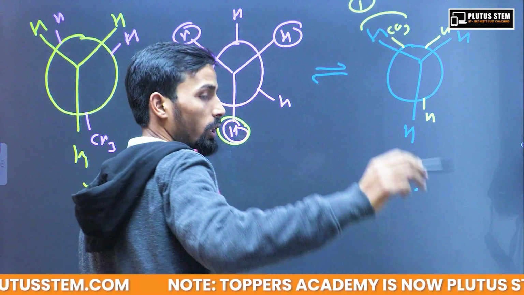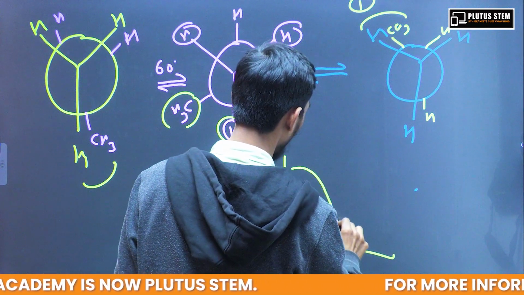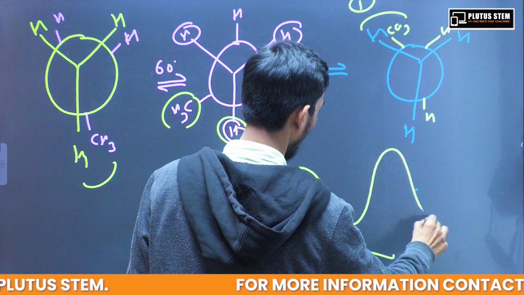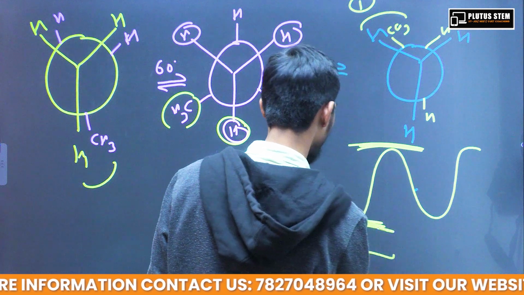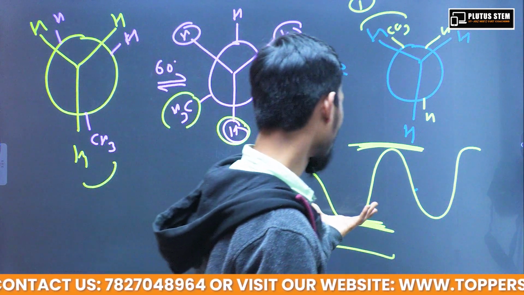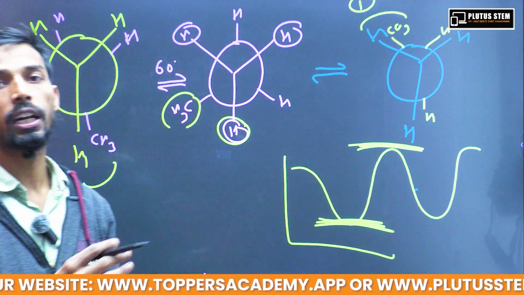On the basis of this energy profile diagram, we draw it like this: the eclipse form, then like this, the more stable staggered form. So the staggered form is more stable, the eclipse form is less stable, and they are interconvertible to each other.